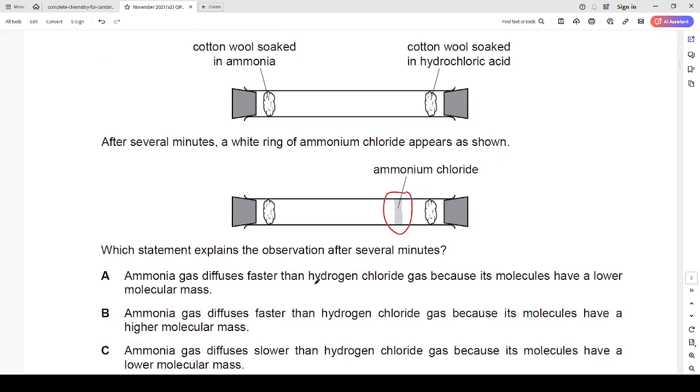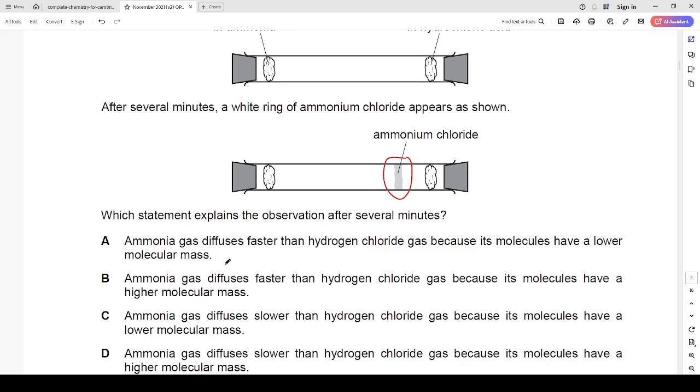Okay, the first option says ammonia gas diffuses faster than hydrogen chloride gas because its molecules have a lower molecular mass. Hmm. Is anything right with that statement? Ammonia gas diffuses faster than hydrogen chloride. Why?